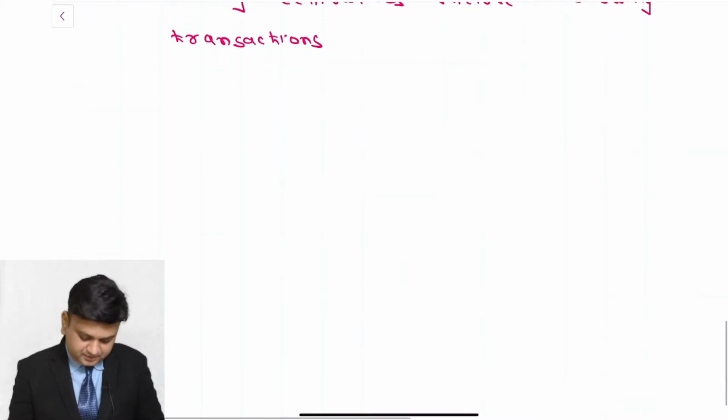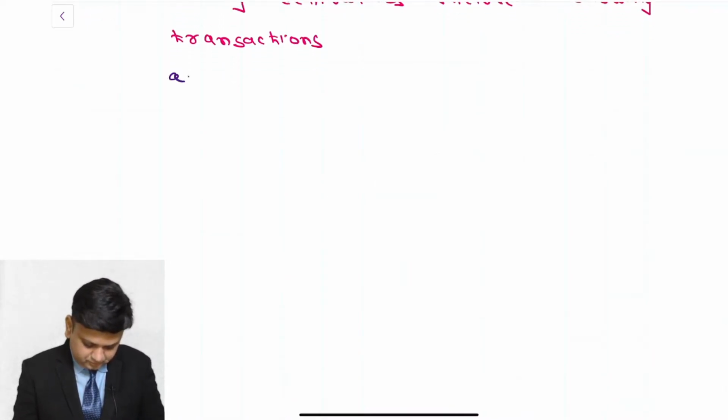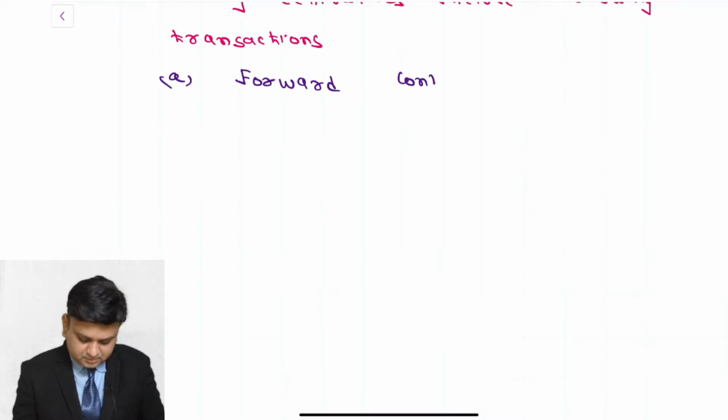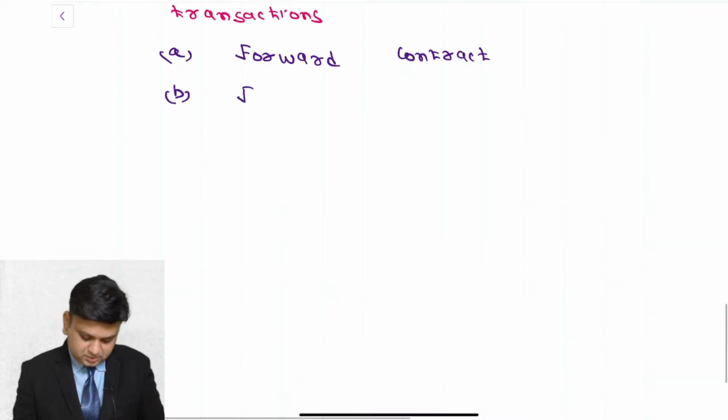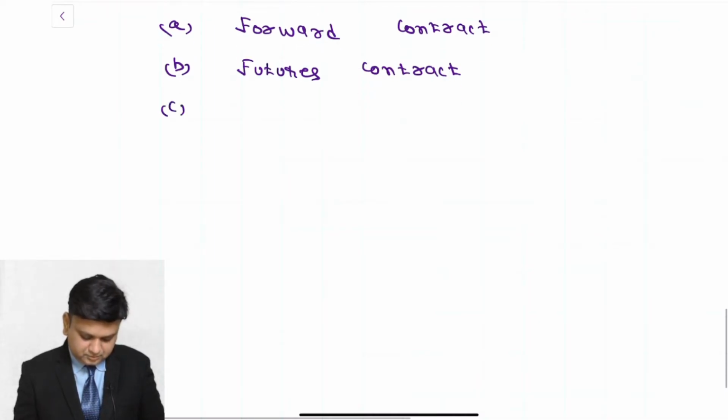In that, write down A, forward contract; B, futures contract; C, option contract.